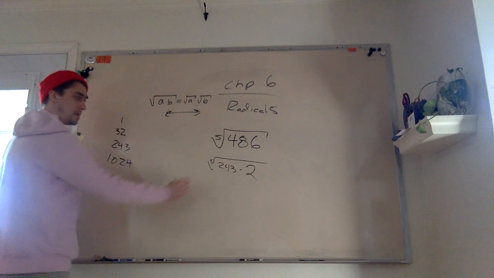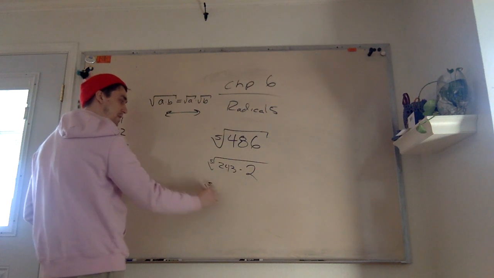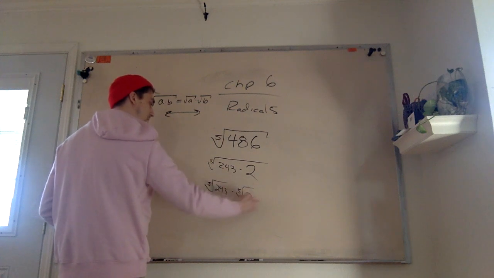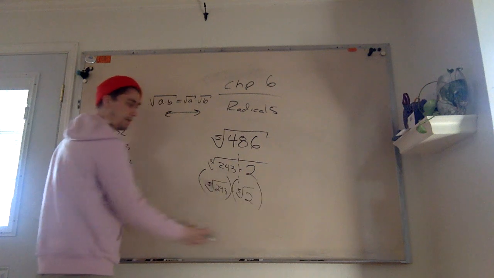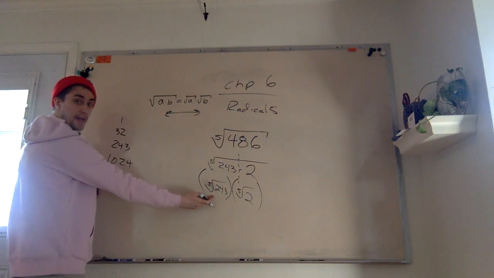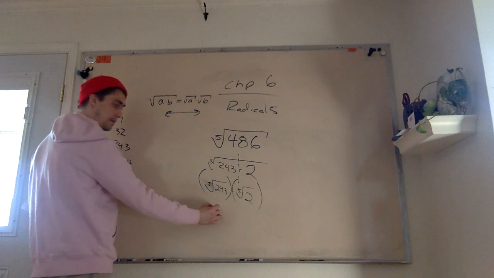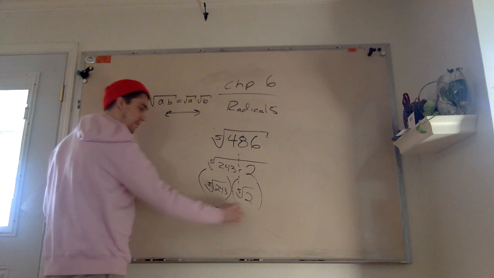Now again, use this property to split it into two fifth roots. So I'm just splitting that right down the middle. These two things are being multiplied together. The benefit of that is that the fifth root of 243 is 3. So it's 3 times the fifth root of 2.